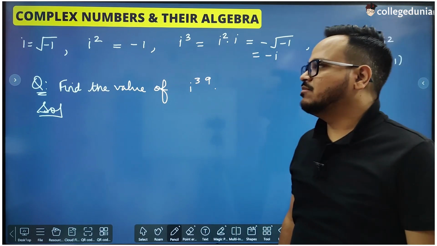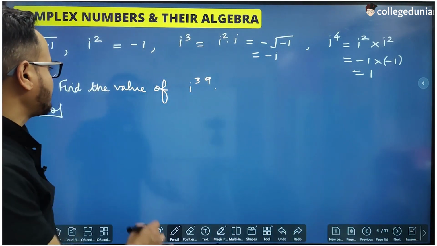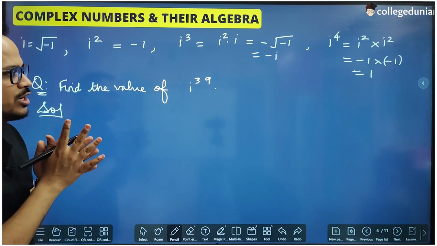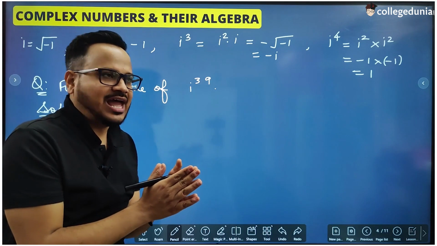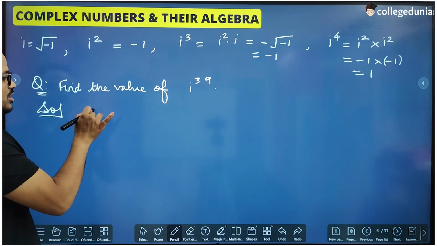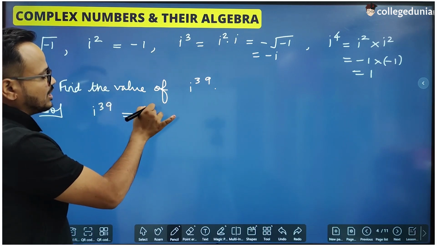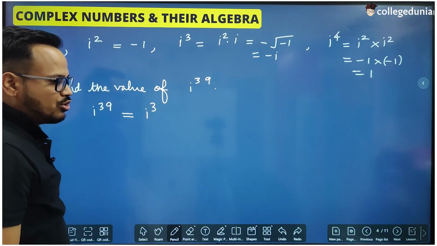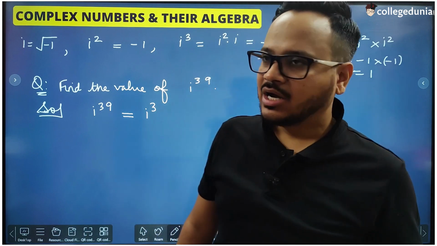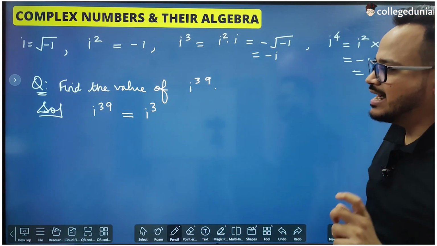If you divide 39 by 4, you are going to get remainder 3, because 39 is 4 into 9, which is 36, plus 3, which is 39. So the remainder is going to be 3. So i raised to power 39 is nothing but i raised to power 3, because at every multiple of 4 that power of i is going to give you the answer 1.